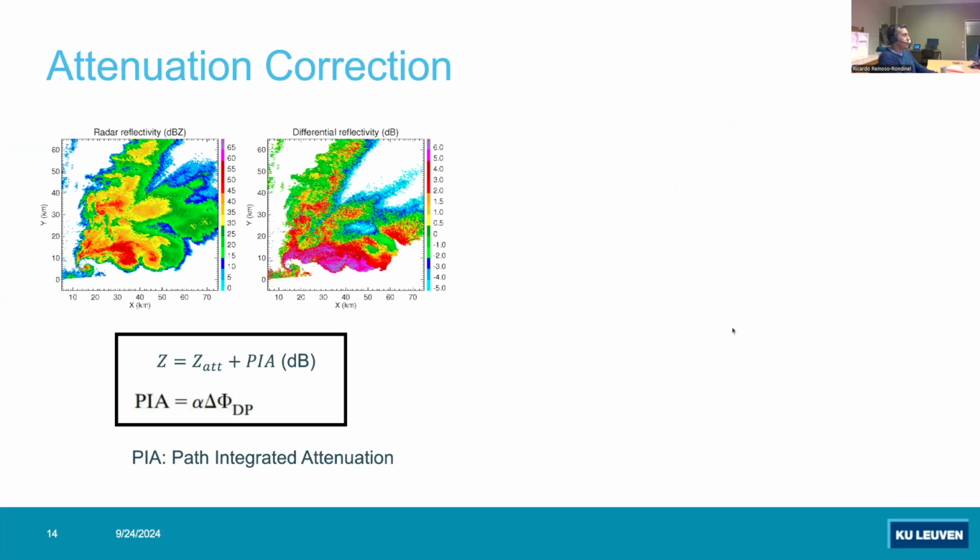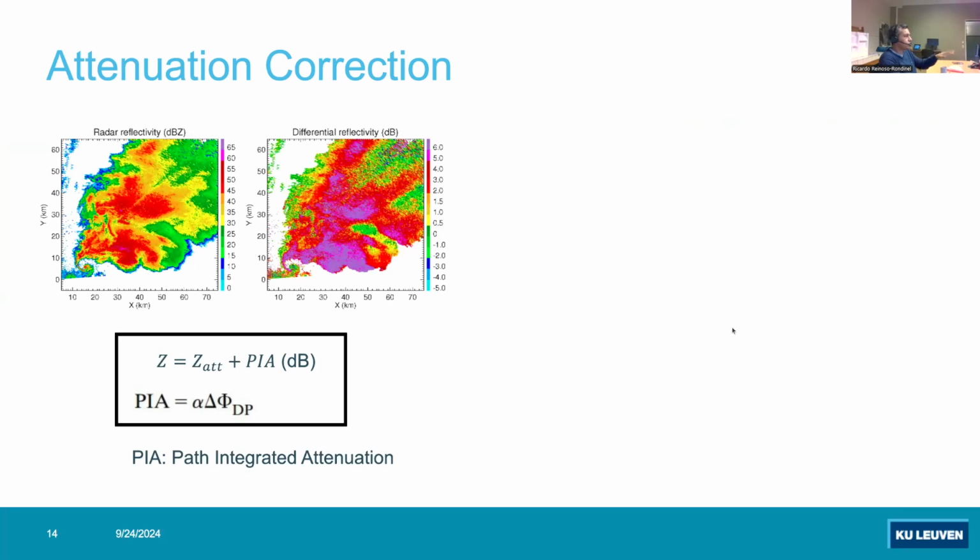As I said before, attenuation correction. The signal loses power as it moves away from the radar, and you see reflectivity and differential reflectivity in this example. After attenuation correction, you see how much power you lost.